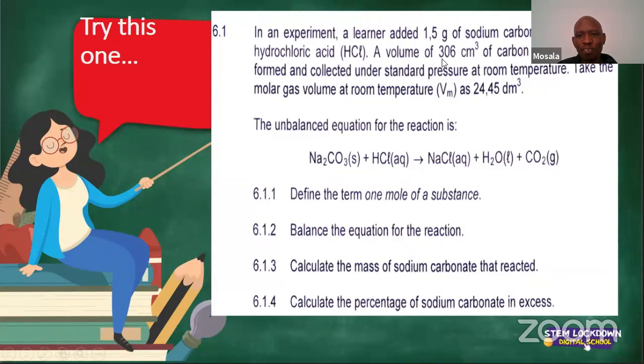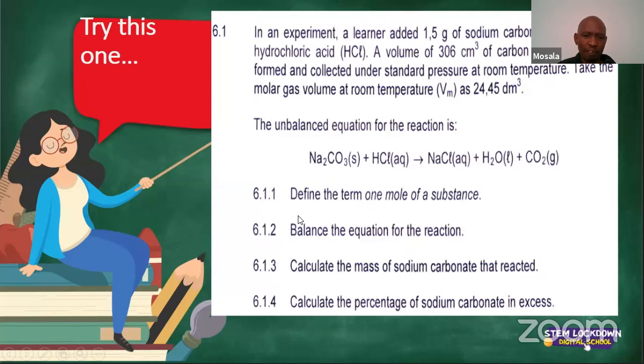A volume of 306 cubic centimeter of carbon dioxide gas was formed and collected under standard pressure at room temperature. Take the molar gas volume at room temperature, that is Vm, to be 24,45 cubic decimeter. The unbalanced equation for the reaction is given here.